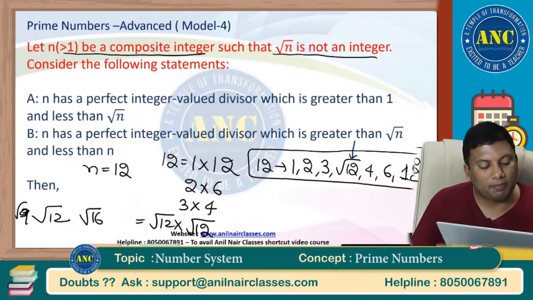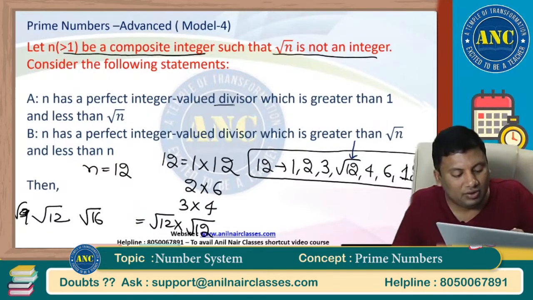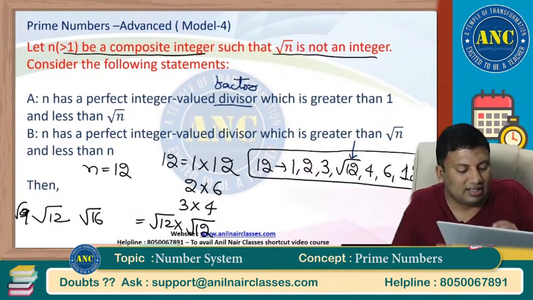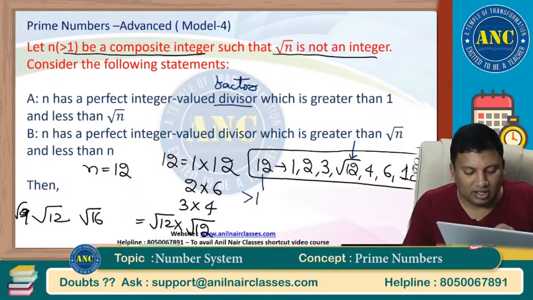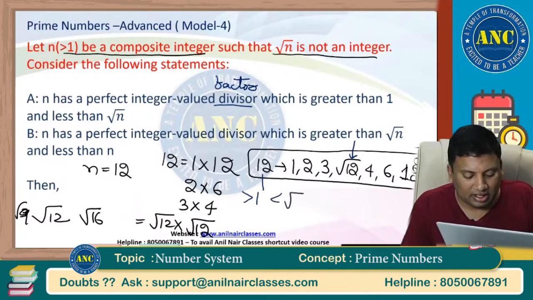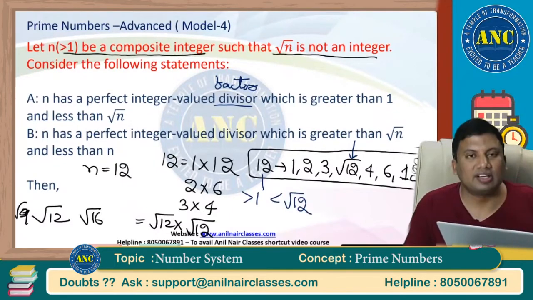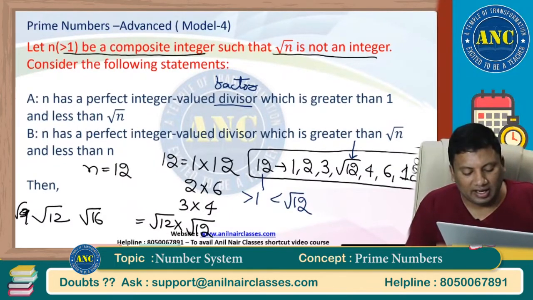n has a perfect integer valued divisor which is greater than 1 and less than root n. Are there any factors of 12 greater than 1 and less than root 12?